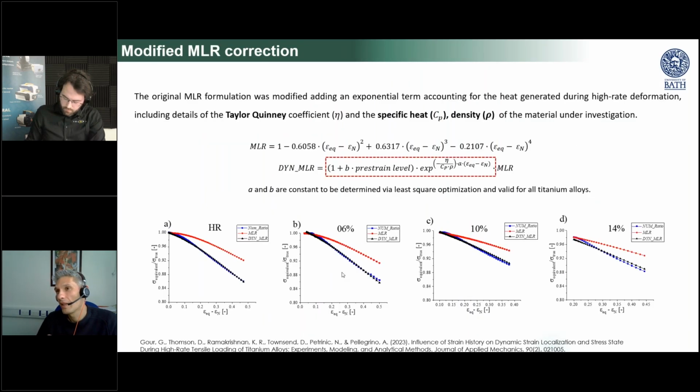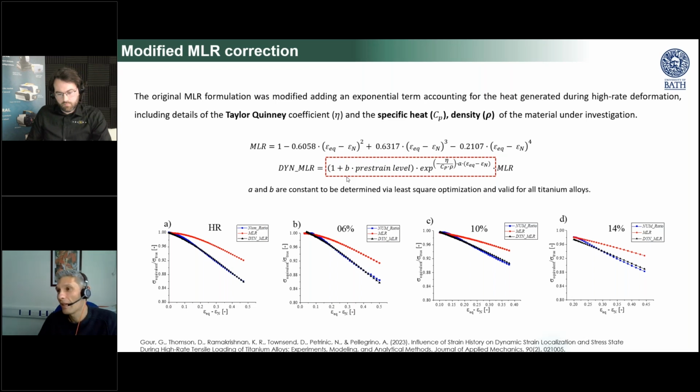So we use the original MLR formulation and we pre-multiplied it by a multiplication factor that takes into account the level of pre-strain and the thermal properties of the material: Taylor-Quinney coefficient, specific heat, and density.